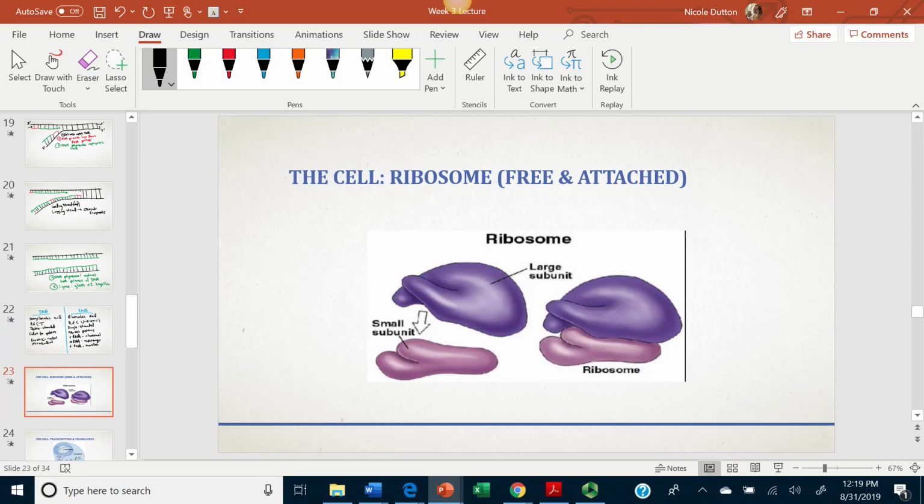So the ribosome. The ribosome is responsible for protein production. So the ribosome is where proteins are made. You have free and attached ribosomes. Free ribosomes are floating in the cytosol, and they're going to make proteins for inside of the cell.